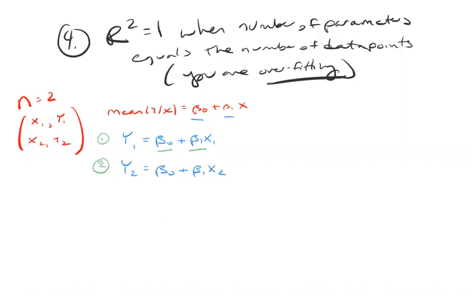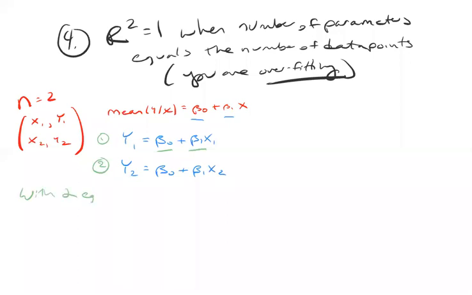And if you think back to high school, that should be a familiar phrase, 2 equations, 2 unknowns. If you have 2 equations and 2 unknowns, you can solve exactly, right? It's possible to solve these equations exactly for beta 0 and beta 1, such that both these equations are true and therefore the residuals are 0.